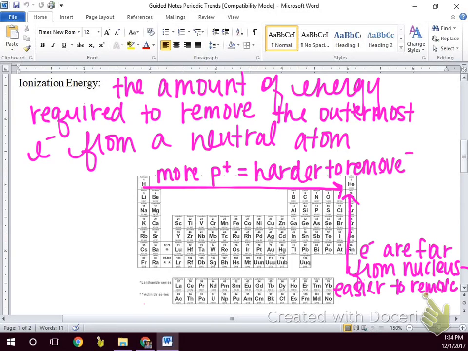Okay, and francium doesn't even have one listed because it's so likely to give away that electron that it's not difficult to pull it off at all. Okay, so the ones that have that little bar there, it's saying that the ionization energy is so low, or it's going to give away that electron so easily that it's not really considered an ionization energy at all.